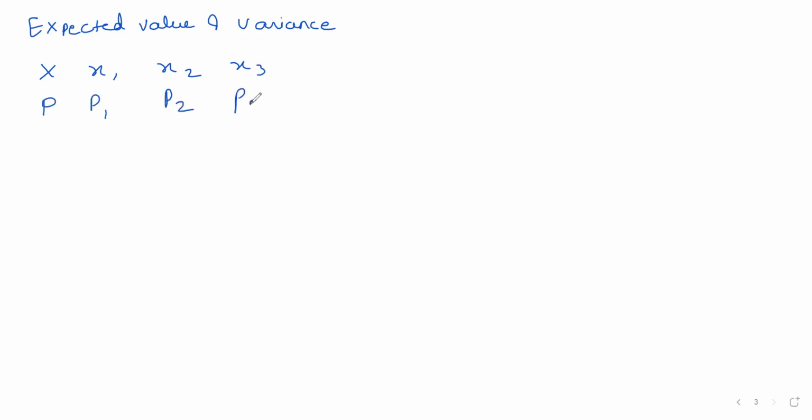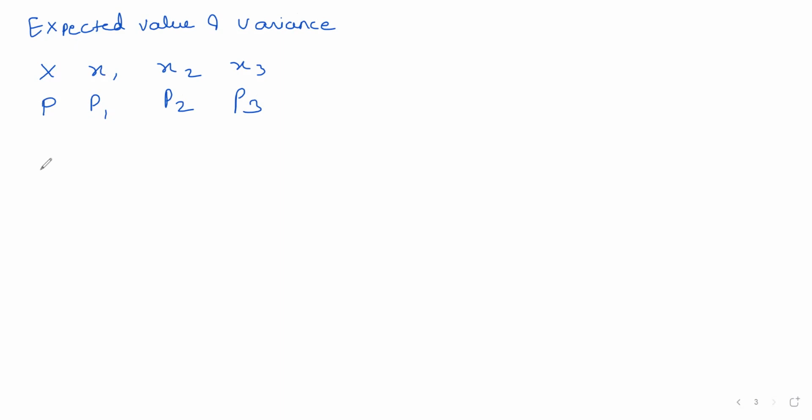Before we go to the next sum, let us learn the concept of expected value and variance. We know that X1, X2, X3 along with their probabilities P1, P2, P3 is nothing but a probability distribution.